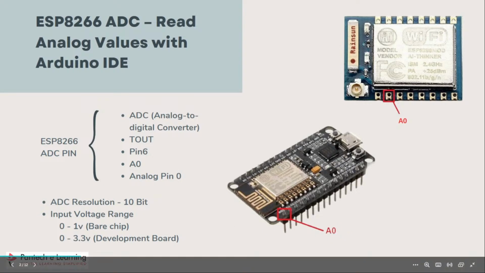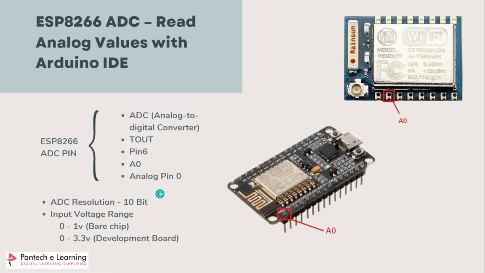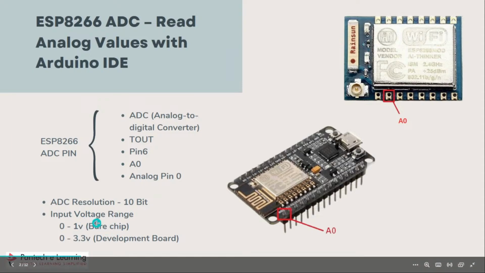And coming to its resolution, the ADC pin has 10 bit resolution, which means you will get values between 0 and 1023. The ESP8266 input voltage ranges from 0 to 1 volt if you are using a bare chip.